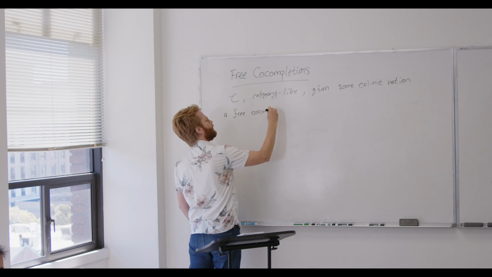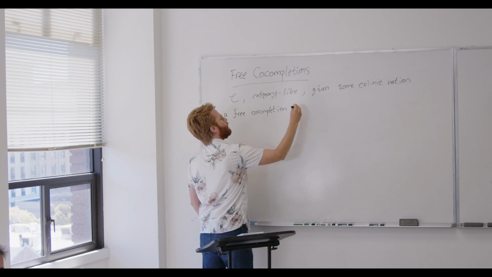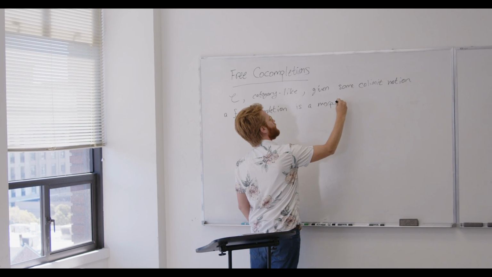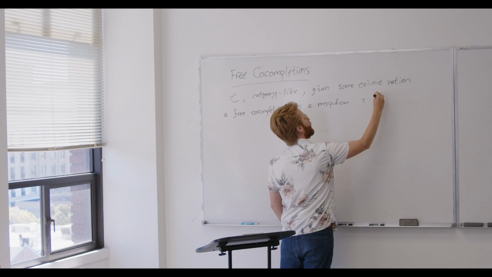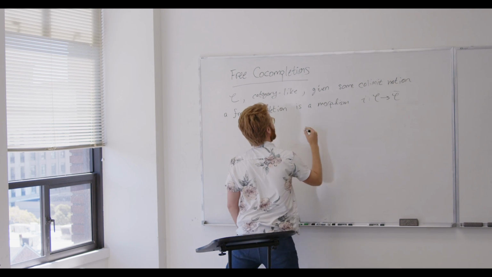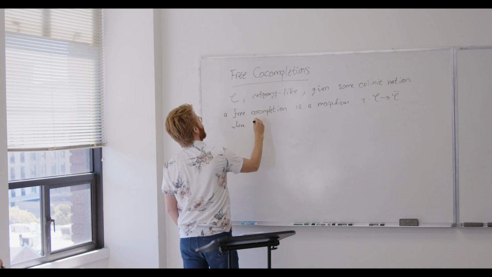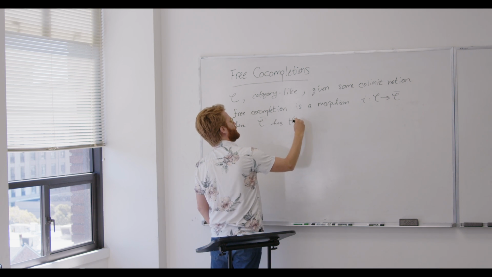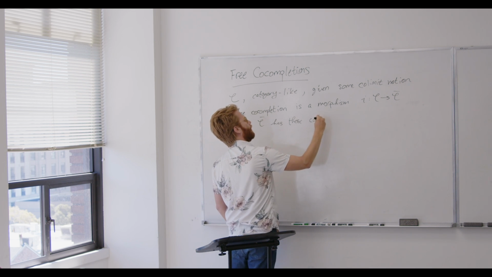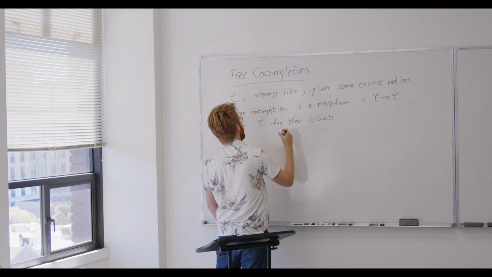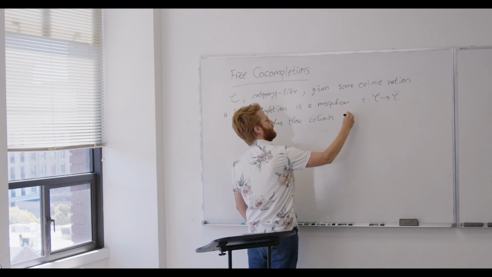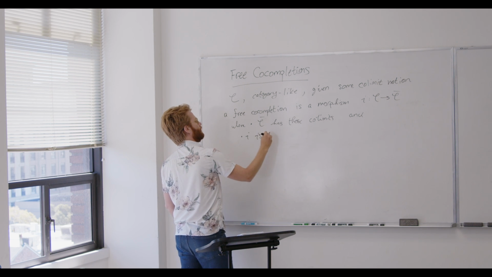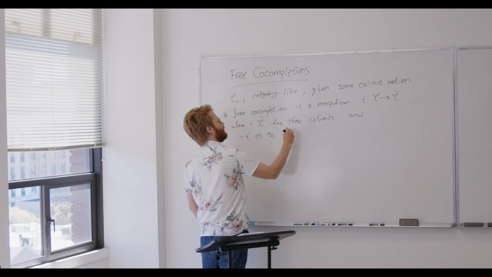A free cocompletion is going to be something like this: a morphism into something bigger, where C bar has whatever kind of colimits I'm currently thinking about, and I is the initial such situation.